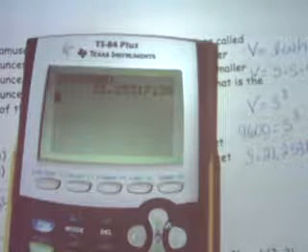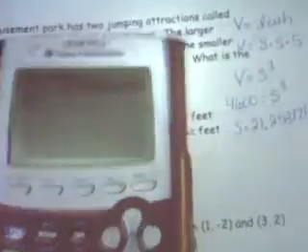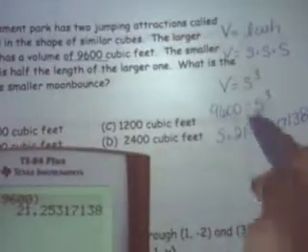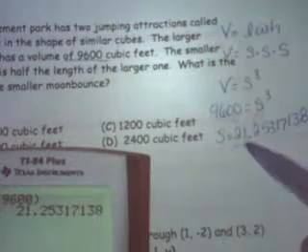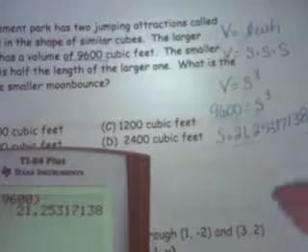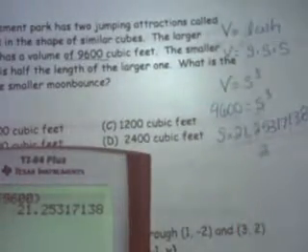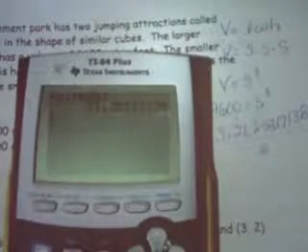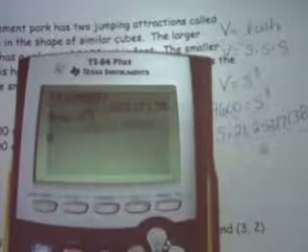But it says the smaller moon bounce is half the length of the larger one. Well, if the larger moon bounce has a length of 21.25 and so on, the smaller is half that. All I'm going to do is divide by 2. So we're going to take this amount in our calculator and divide it by 2.